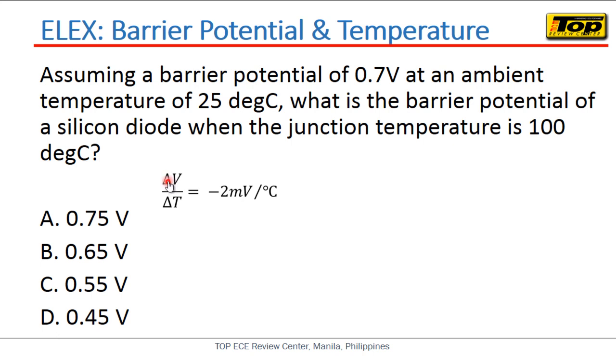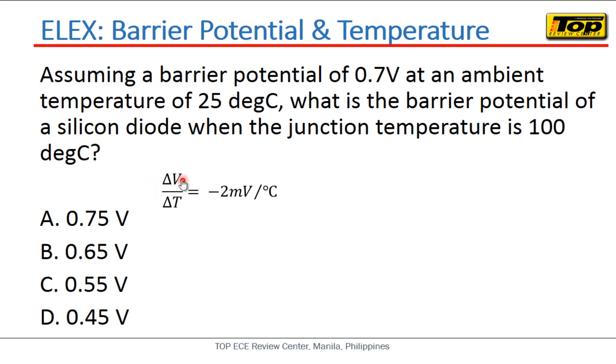At gaano ang tinataas o binababa ng barrier potential whenever the temperature increases? That is assumed to be negative 2 millivolts per degrees Celsius.